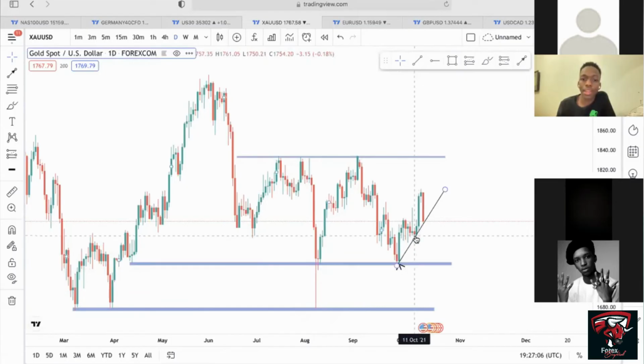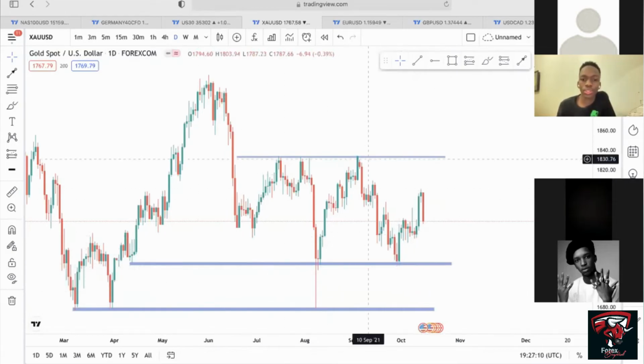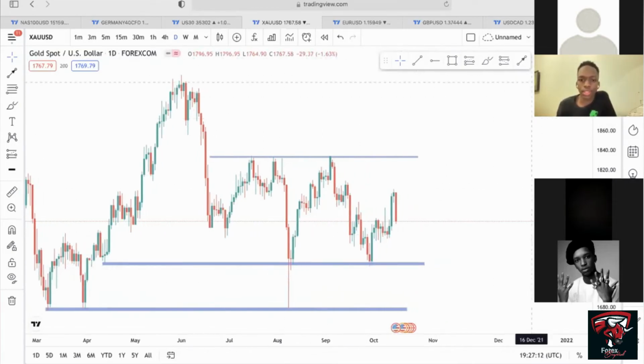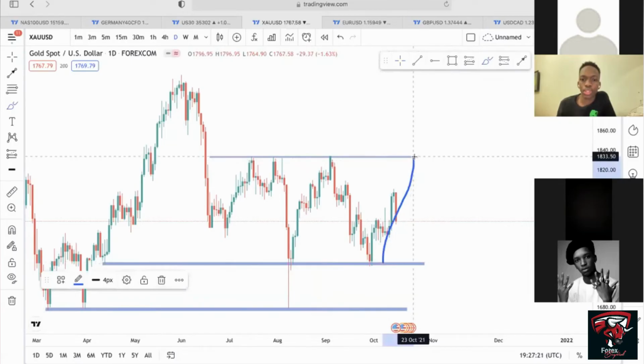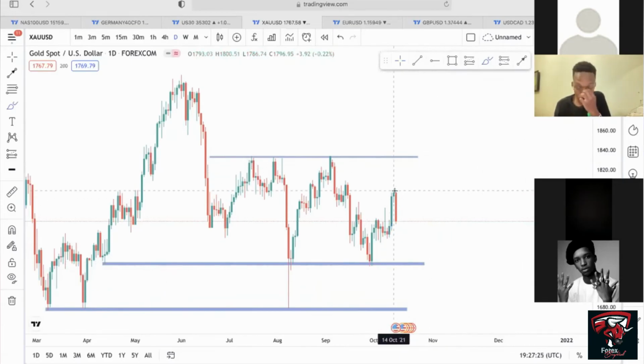So you can see that we're in a major inverse head and shoulders pattern that is yet to be finished. I thought it was probably going to finish this week. By finish, I mean that it's going to move from this zone to that zone, and we can expect to drop. But you can see that gold just made a major retracement back down, but every retracement is an entry point, guys.